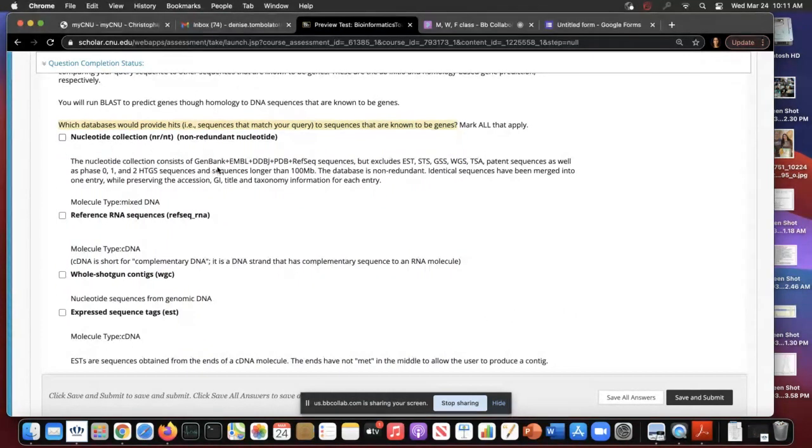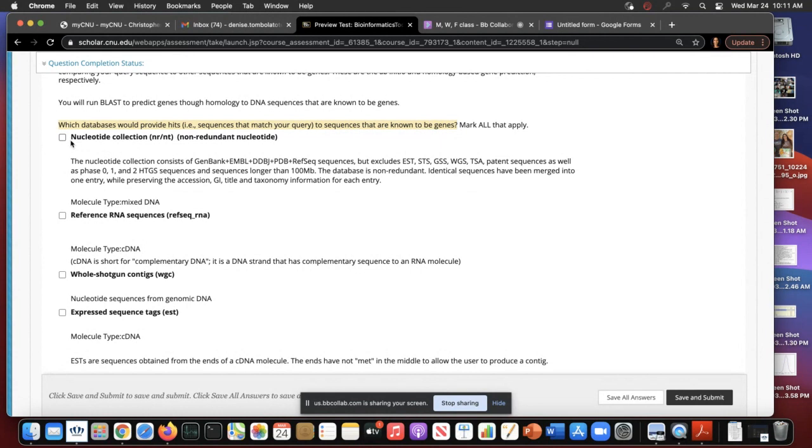So if you're going to predict genes, you could use this, but you're going to get a lot of hits that are not genes also.